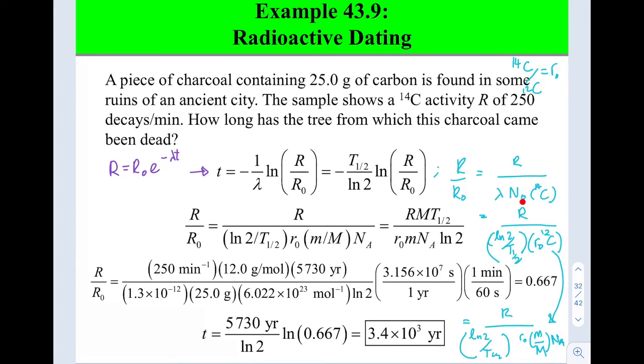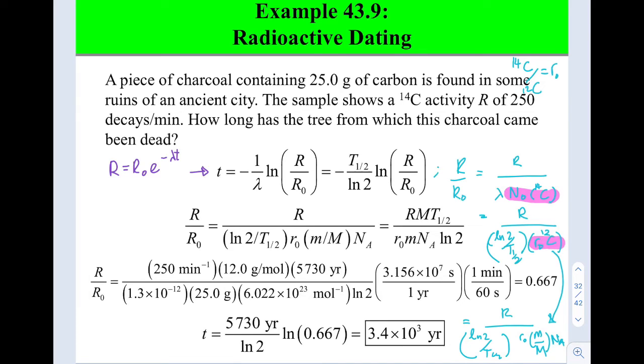This is the purpose, to figure out the number of carbon 14 at t equal to 0, step by step. Here we substitute the constant ratio value to figure out the number of carbon 14.